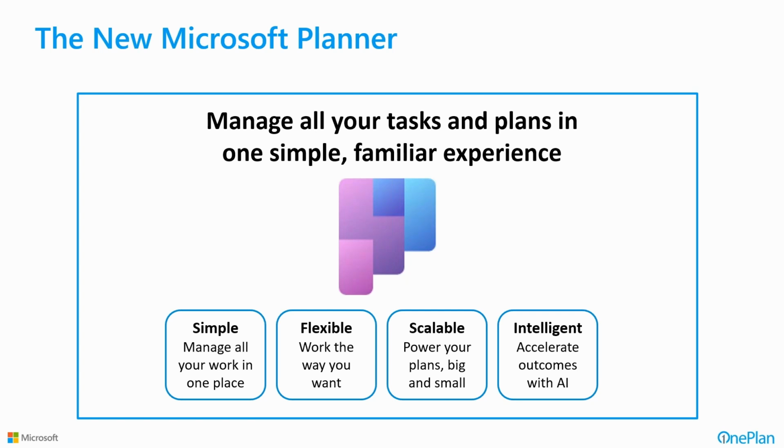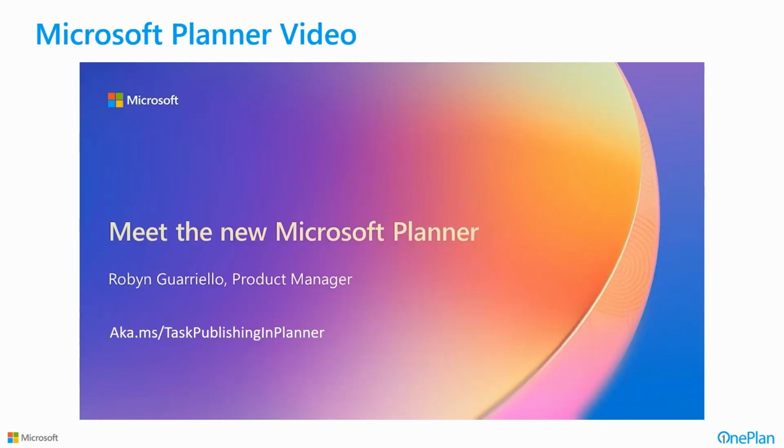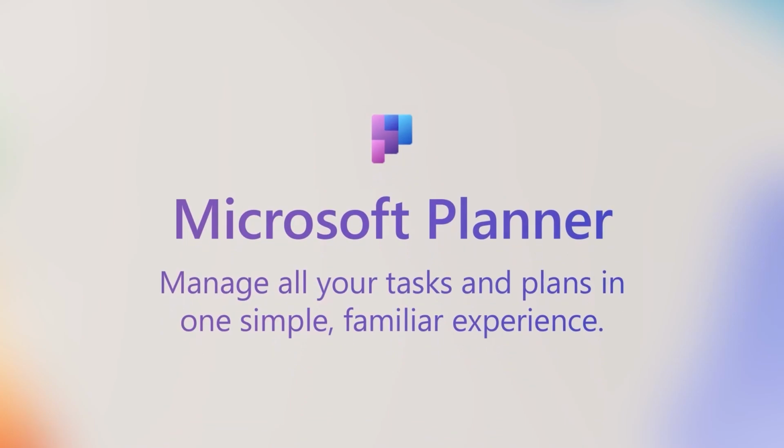That's also true for Planner. So let's talk about that and look at a video that Microsoft put out to give you the basics of what this new Planner is. It's really slated to come out in the spring, I believe April timeframe of 2024. And with that, I would like to start that video and have you take an initial look.